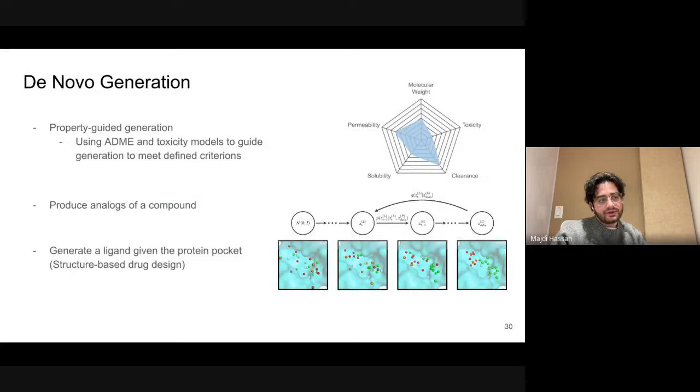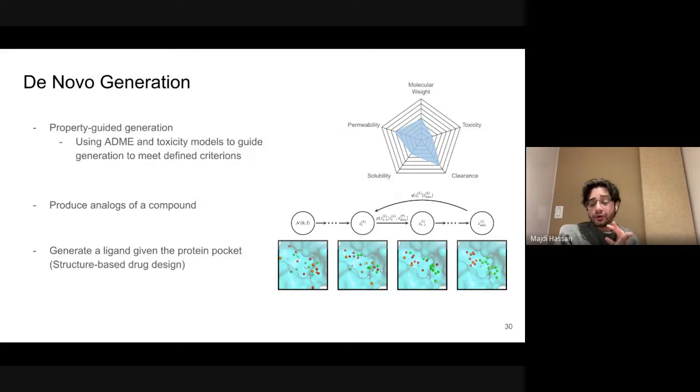These generative models have been very useful in things like de novo generation, so generating novel compounds. You probably don't want to just generate any compound, so a lot of times there is property-guided generation: conditioning the generation process to generate molecules with certain ADME profiles. You can meet criteria, or produce analogs of compounds to help you generate ideas.